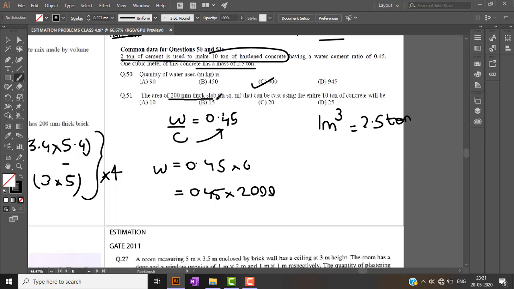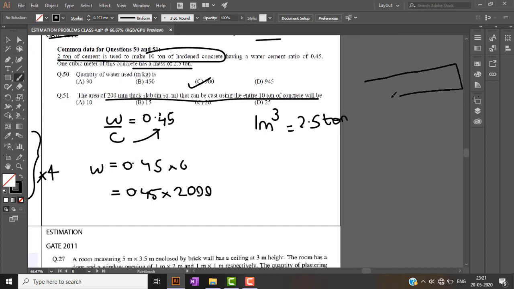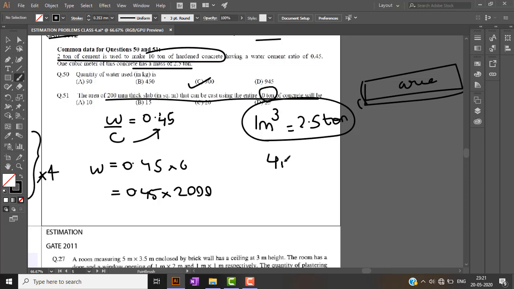So question 51. The area of 200 mm thick slab that can be cast using the entire 10 ton of concrete will be. To better understand this, consider an area whose thickness is 200 mm, that is 20 centimeter. Now 1 meter cube has a mass of 2.5 ton, so 10 ton will have a volume of 4 meter cube.